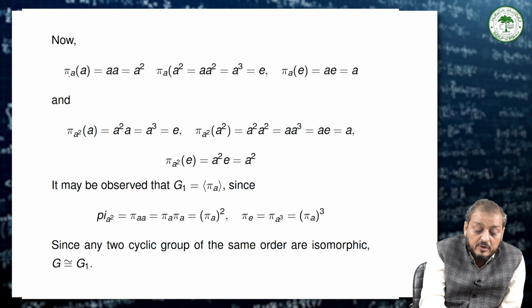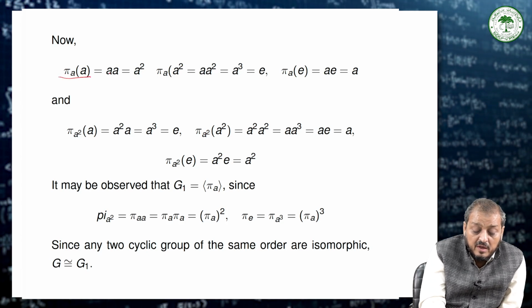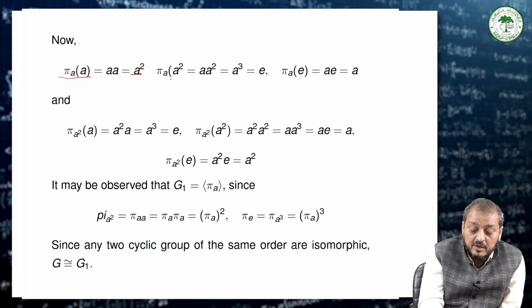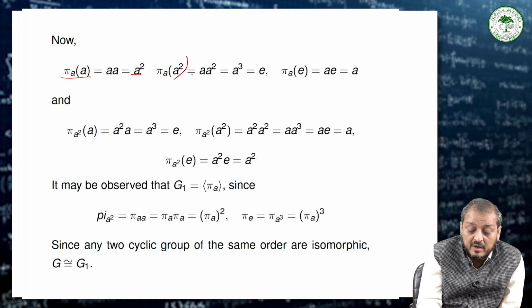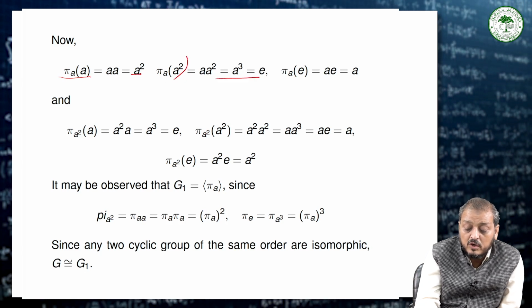Okay, now we have to calculate the other form, pi of A is equal to A square. A into A square is equal to A cube, which is equal to identity.